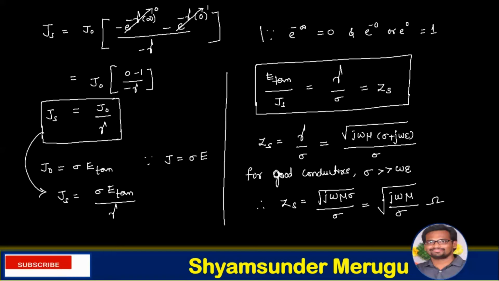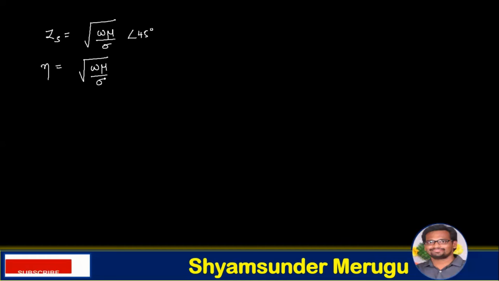So here we have the term j, which represents the phasor angle. So we can write Zs equals square root of omega mu over sigma angle 45. The impedance of the conductors is also square root of omega mu over sigma angle 45.